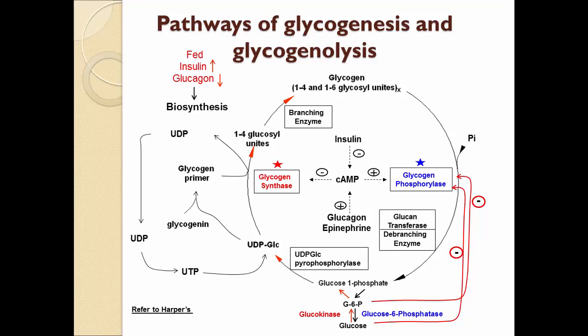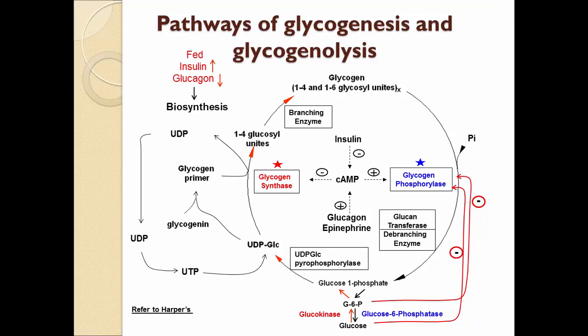Okay, so this is just adding some regulation. In the fed condition, we have higher insulin and lower glucagon, right? So the ratio of insulin to glucagon is increased. In the fed condition, this will stimulate biosynthesis pathways, basically stimulating glycogen synthesis activities, right?